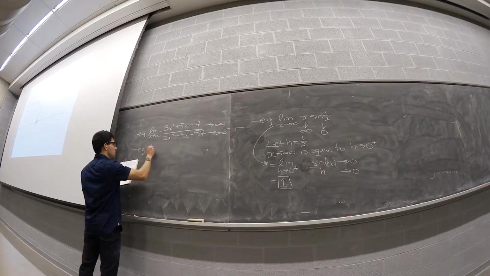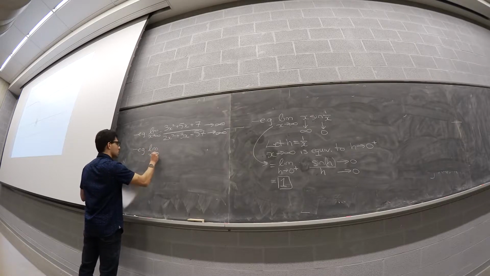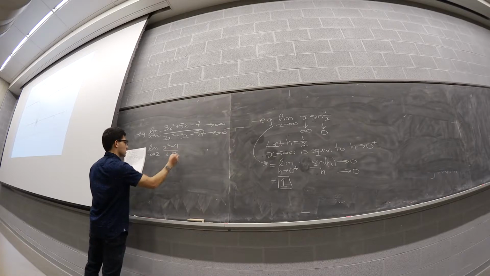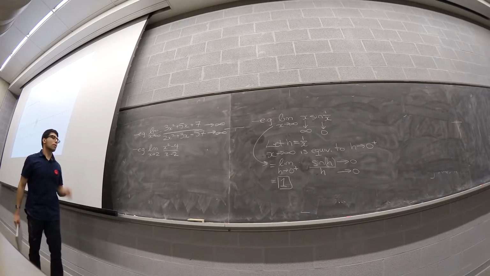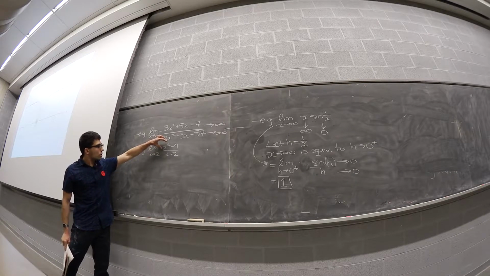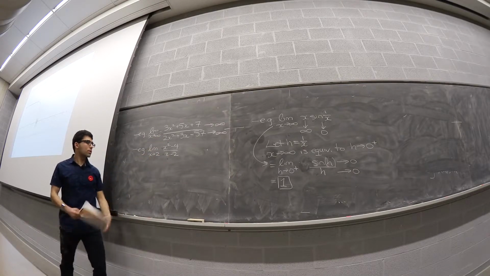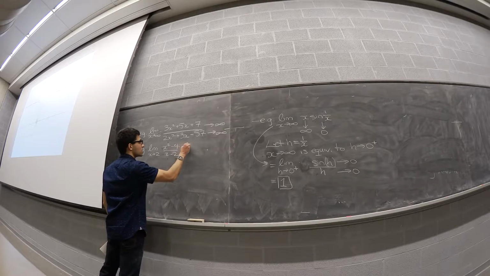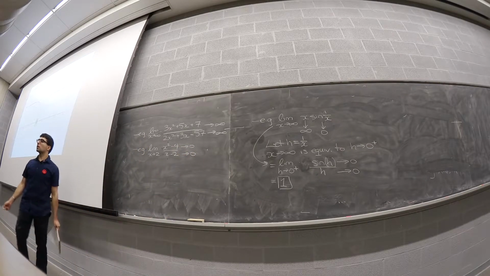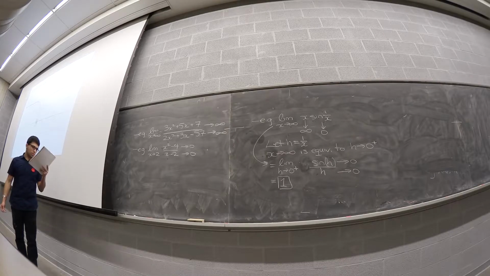Another example like that is this one. As I go toward 2, this guy's going toward 0, this guy's going toward 0. So you could say, well, it's indeterminate 0 over 0, so I could use L'Hopital.